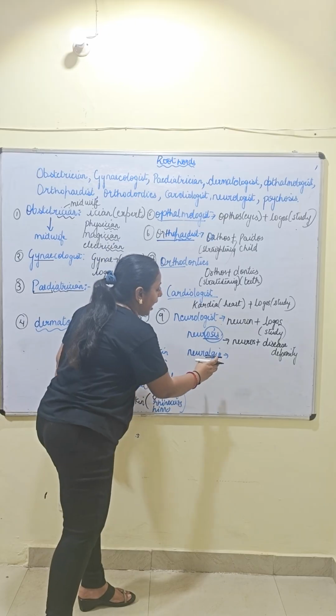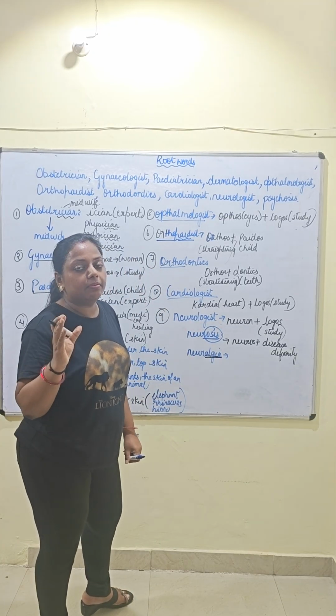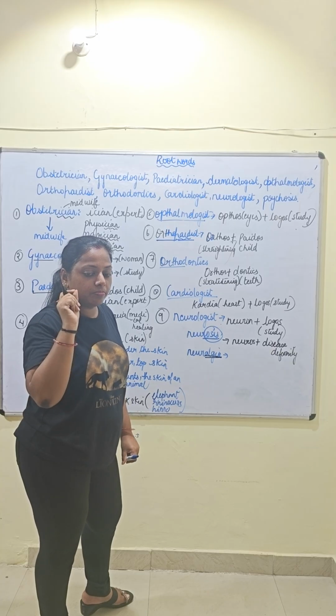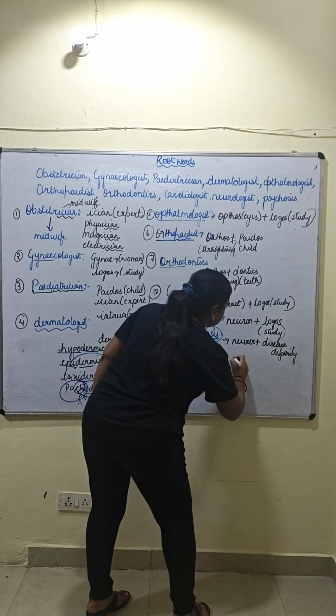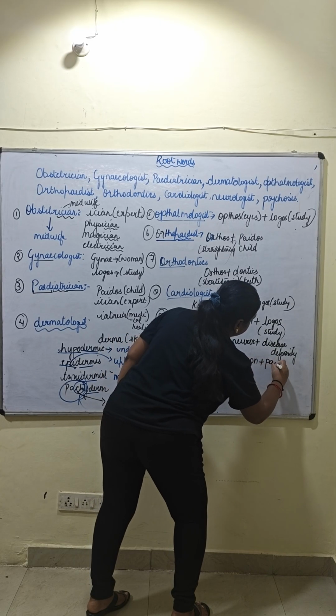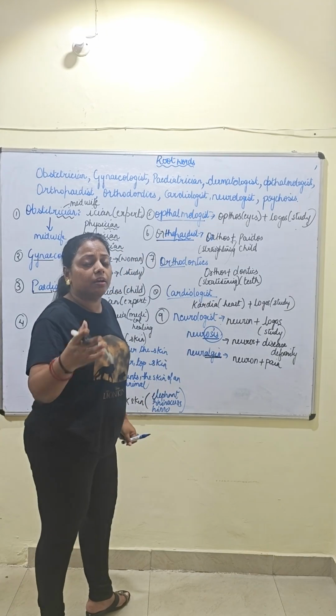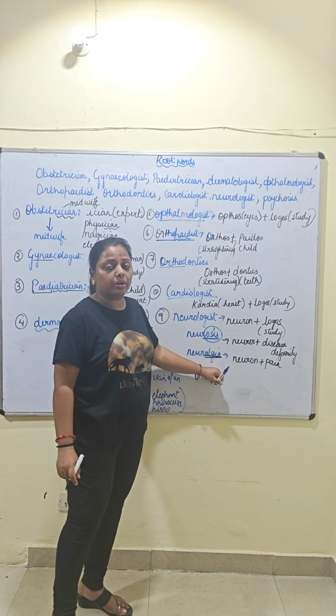Any word that has algia as a suffix, just keep in mind that pain has to be there. Here it is neuralgia, that means neurons plus pain. Anybody who has acute pain in the nerves, that problem is called neuralgia.